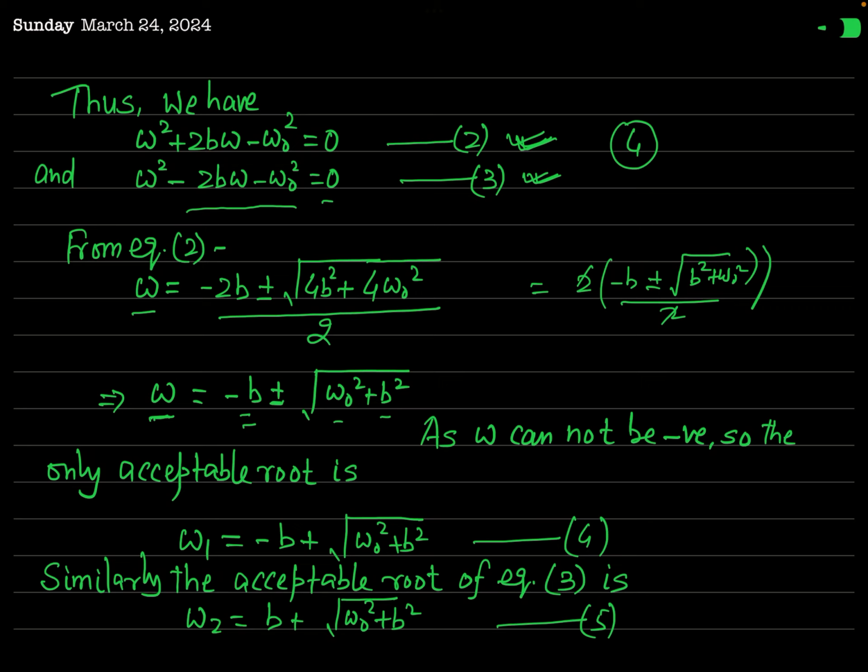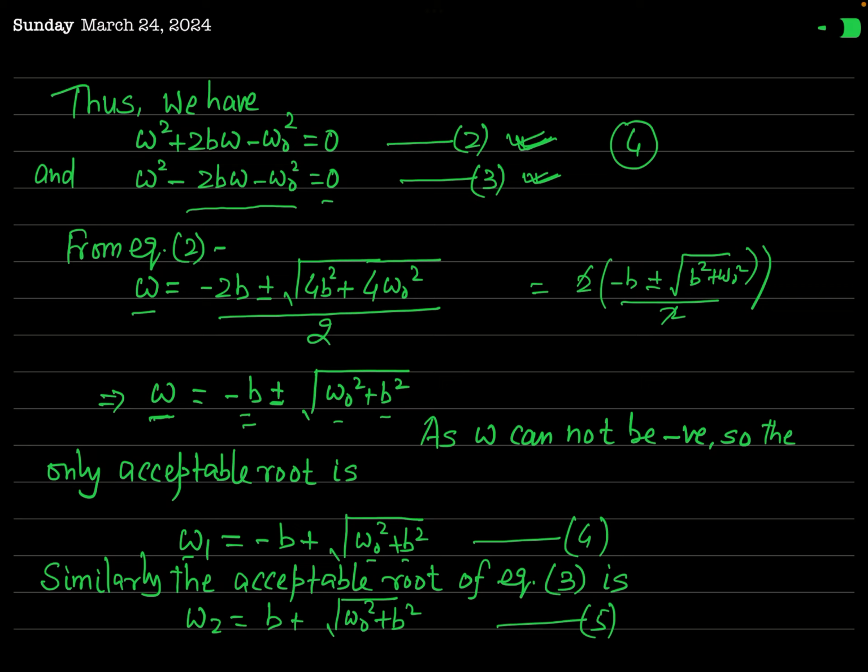But as I have told you earlier, frequency cannot be negative, so we will discard that value. We have the only acceptable value when we take the plus sign here. So the acceptable root of this equation is given by omega 1. We denote this omega by the symbol omega 1, and that will be equal to minus b plus root over omega naught square plus b square.